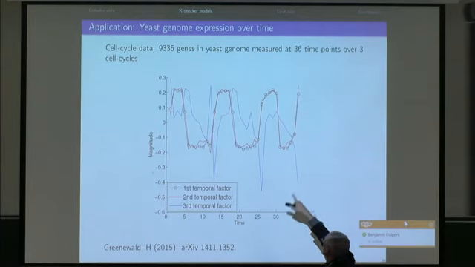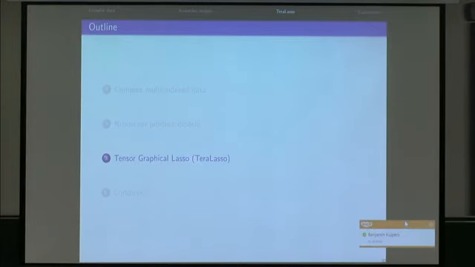I just show this to indicate that for the temporal component of the factor model, you pick out the circadian rhythm right off the bat. So these models are really tuned to zoom into particular characteristics of each one of the dimensions. And what is the characteristic of the time dimension that dominates in any living cell? It's the cell cycle, right? So this shows that it picks that out.